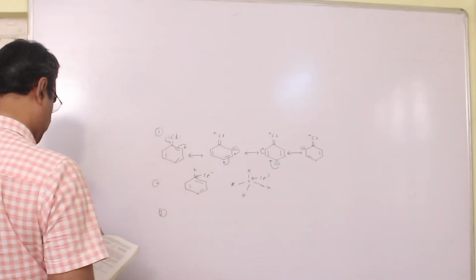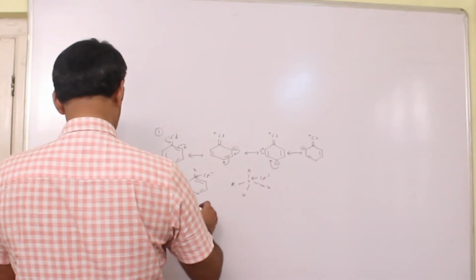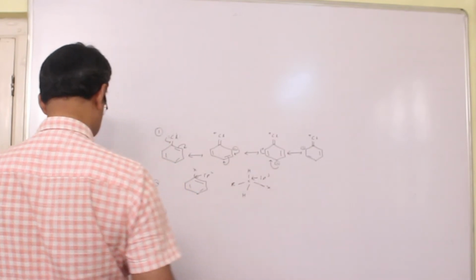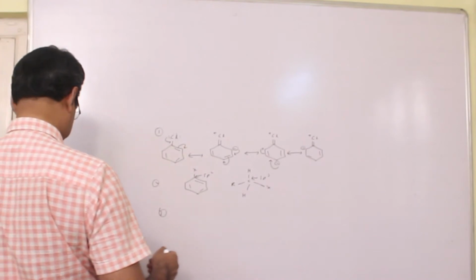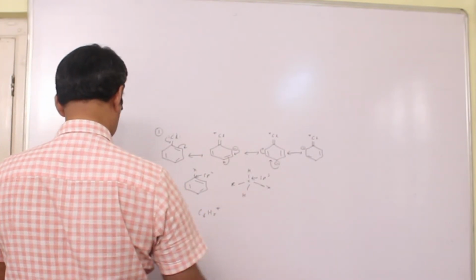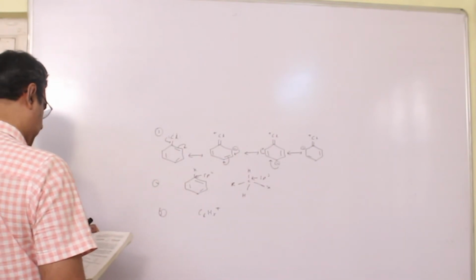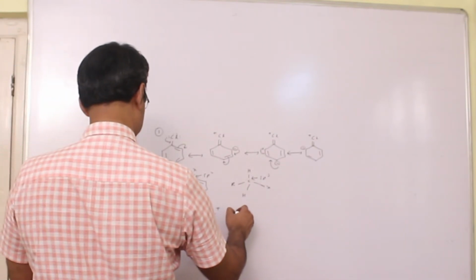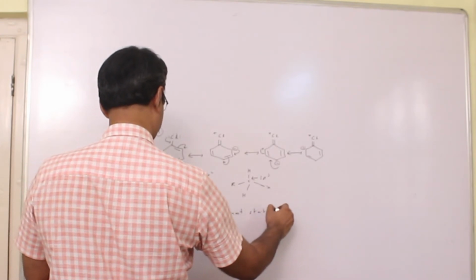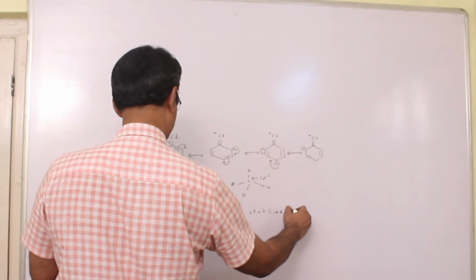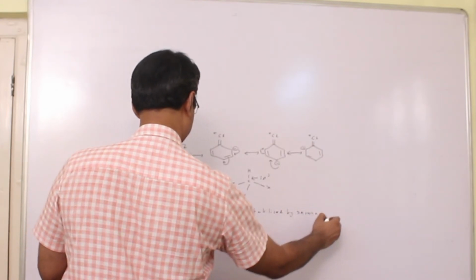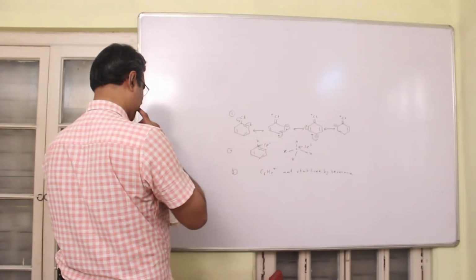Number 2, and number 3, what happens is that the phenyl cation is not stabilized by resonance.